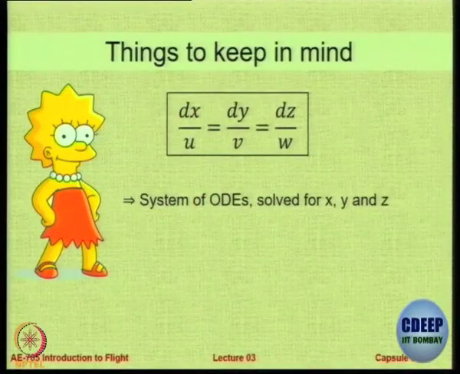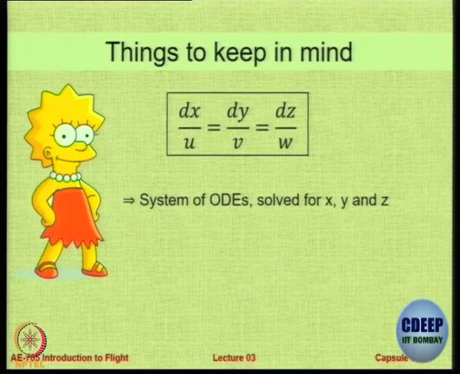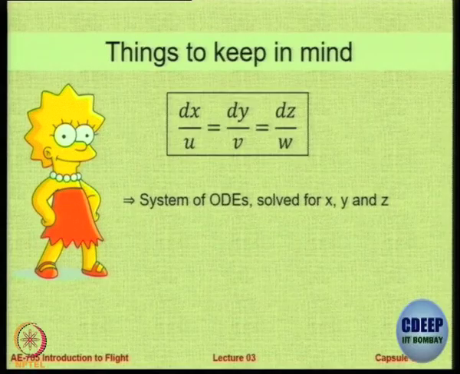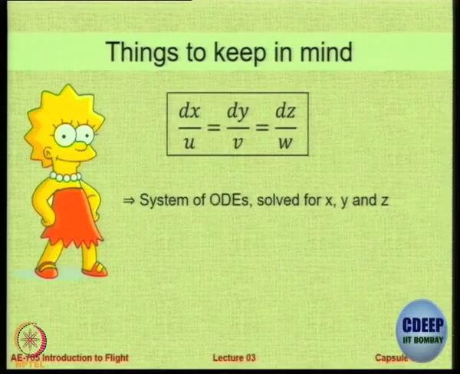Let's keep a few things in mind. This is the prime equation which we have to consider, and it's a system of ordinary differential equations which we can solve for x, y and z. How do you solve an ODE like this? It's a very simple ODE.